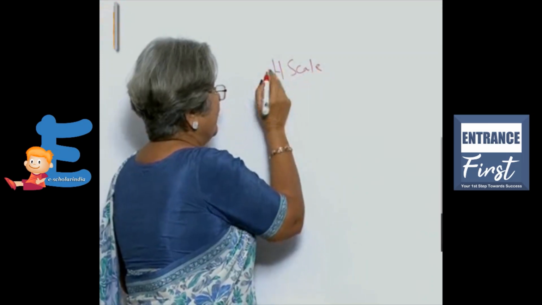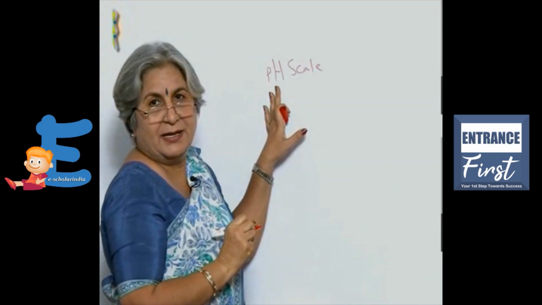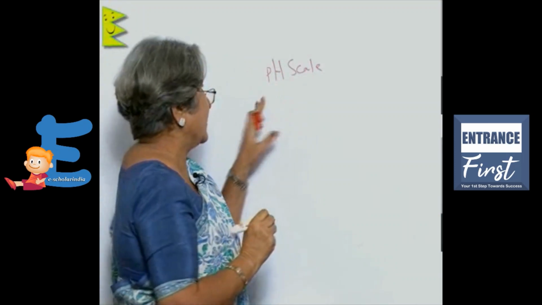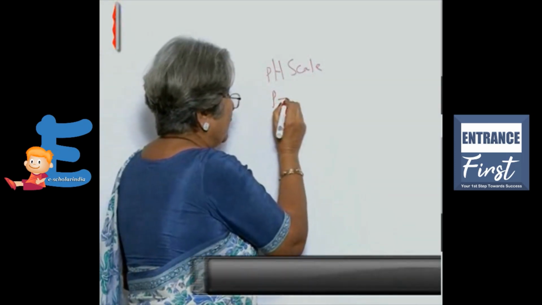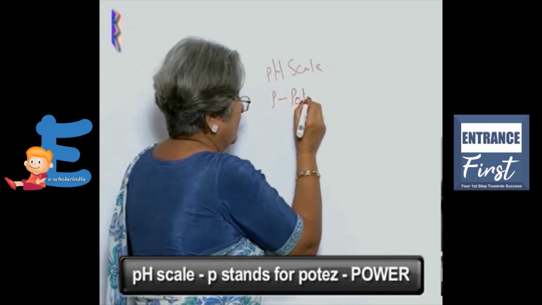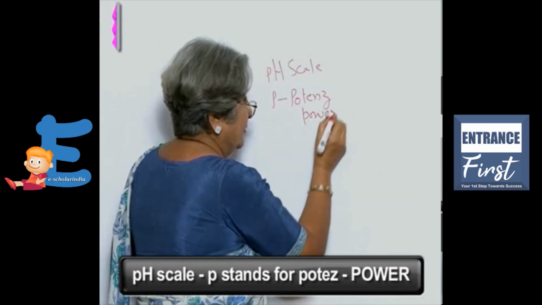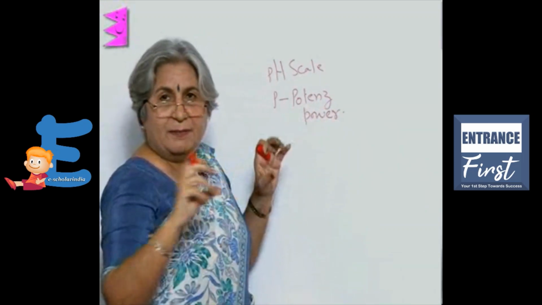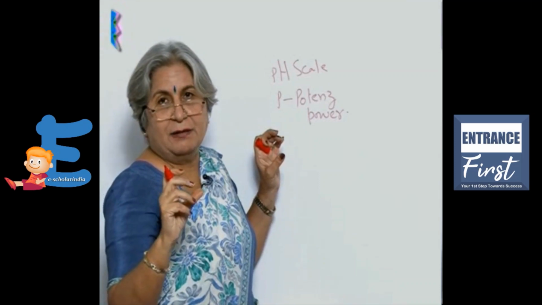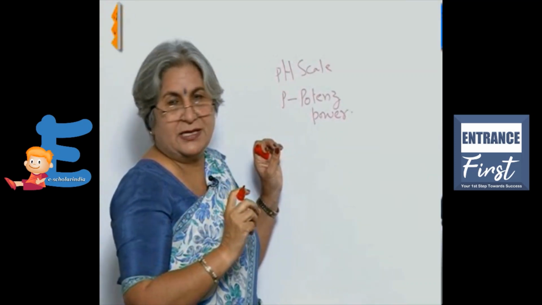In the pH, the way we write it, p is small and H is a little bigger. So this is the pH scale, where p stands for a German word potens, which means power. So we have a pH scale by which we can measure the acidity or the basicity of a substance.